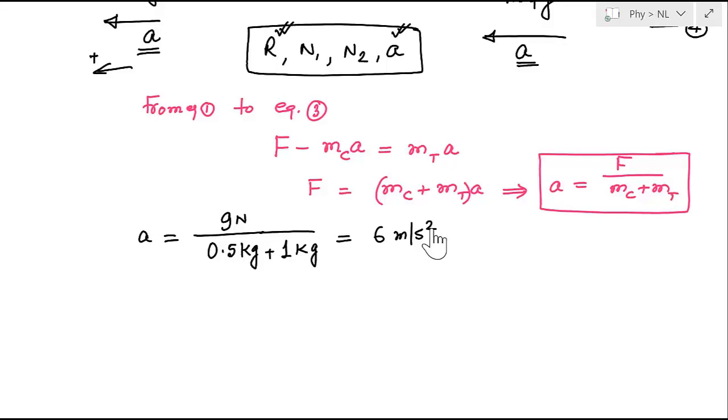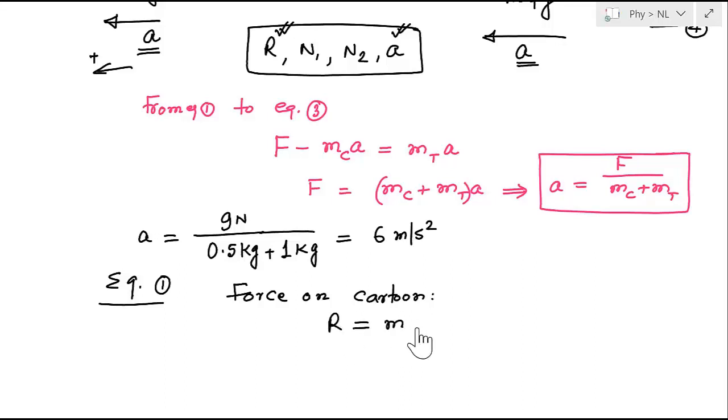Now once you know the acceleration, you can use equation 1 to calculate the force on the cartoon, that is R. So R equals mc times A, where the mass of the cartoon is 0.5 kg and the acceleration is 6 meter per second square.